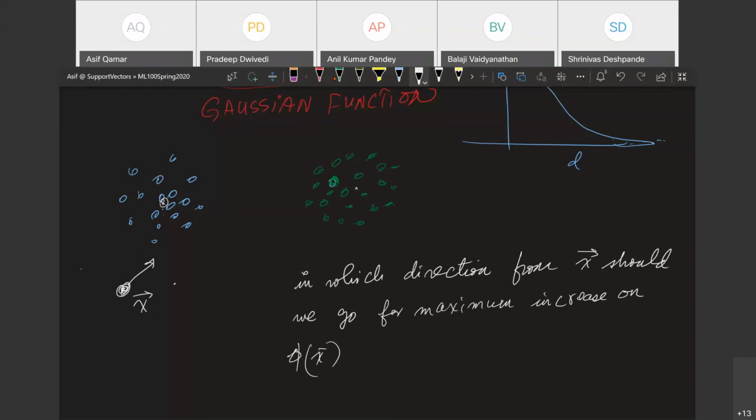So if I come closer to the blue cluster, very rapidly the light will increase. Whereas if I move closer to the green cluster, the light will increase more slowly because the green cluster is far away. Does that make sense, guys? Yes, sir. So that is the intuition. That's a very important intuition.